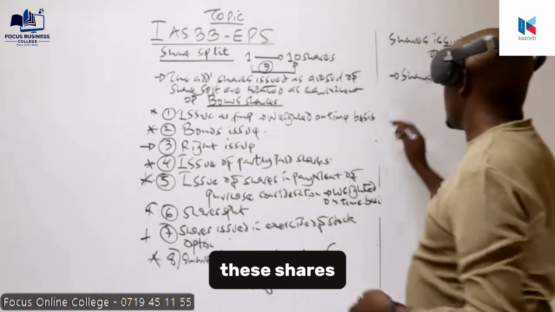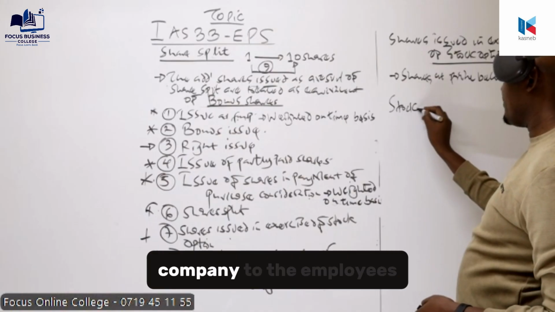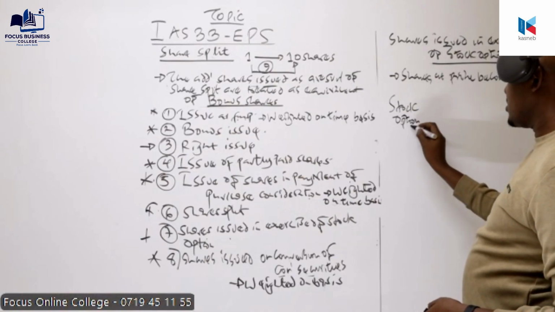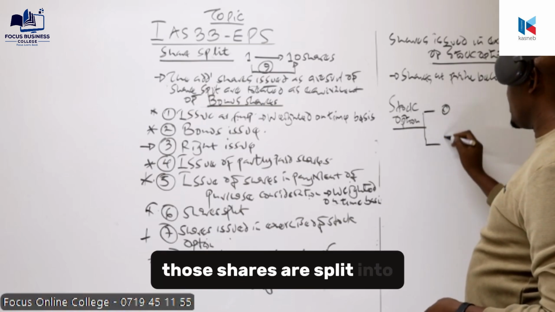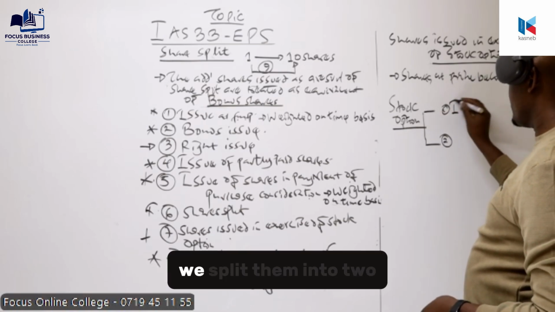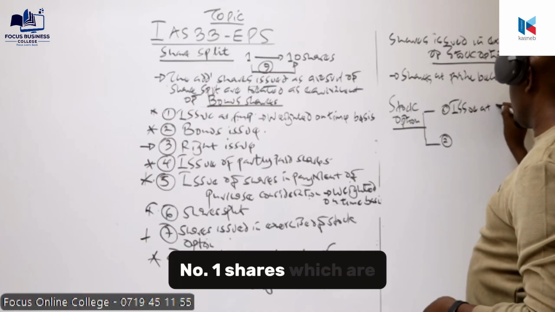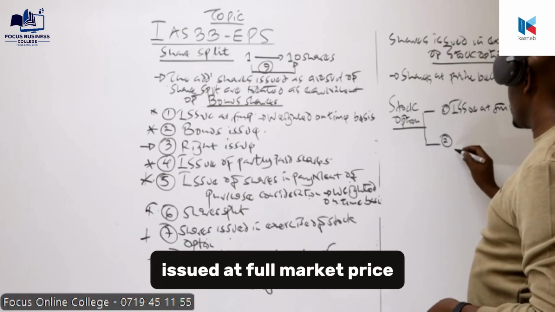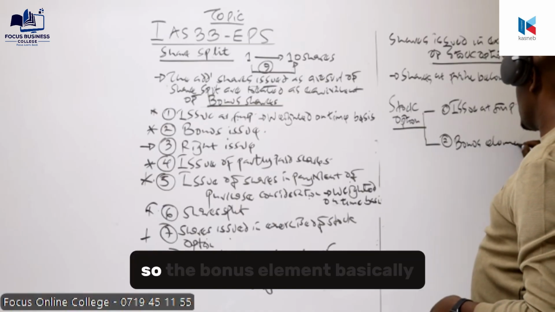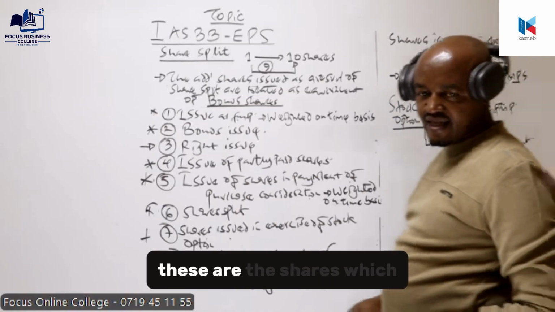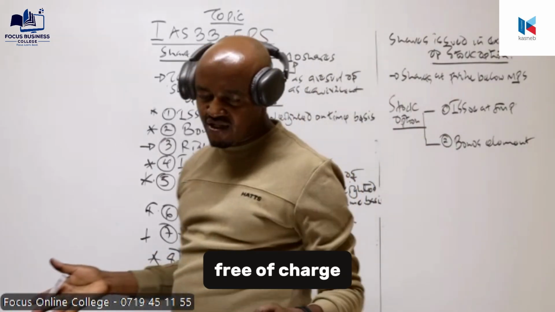And therefore, the shares which are issued by the company to the employees who have exercised the stock option are split into 2 components. Number one, shares which are issued at full market price. And number 2, we compute something called the bonus element. The bonus element, basically, these are the shares which are deemed to be issued free of charge.